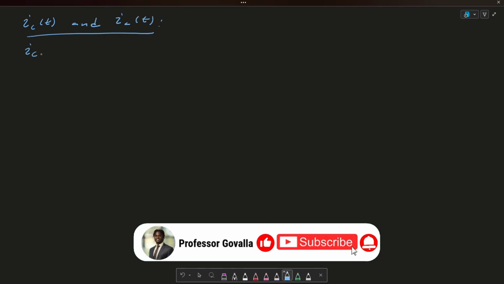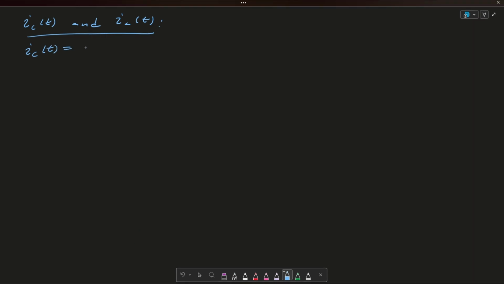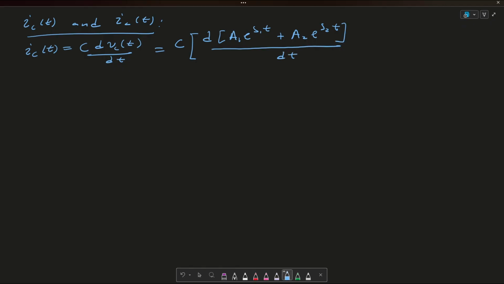We know that the current IC of t through my capacitor is the capacitance times the derivative of VC of t over dt. So then this is equated to C times d of A1 e to the S1t plus A2 e to the S2t over dt.